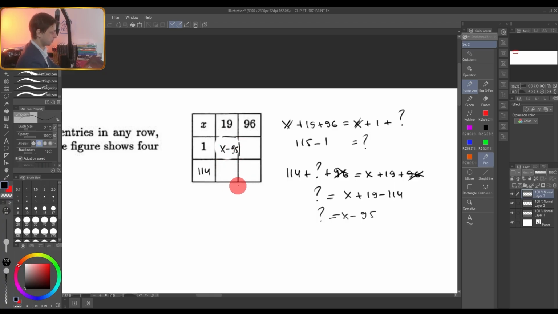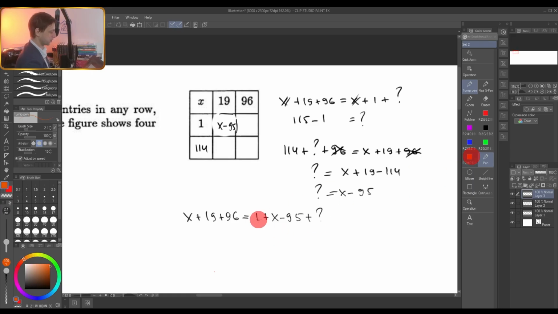Well, the next step, what should we do? Obviously, here we have only 1 unknown in this row. Let's say that the sum of numbers here is the same as the sum of numbers here. So x plus 19 plus 96 equals 1 plus x minus 95 plus something.